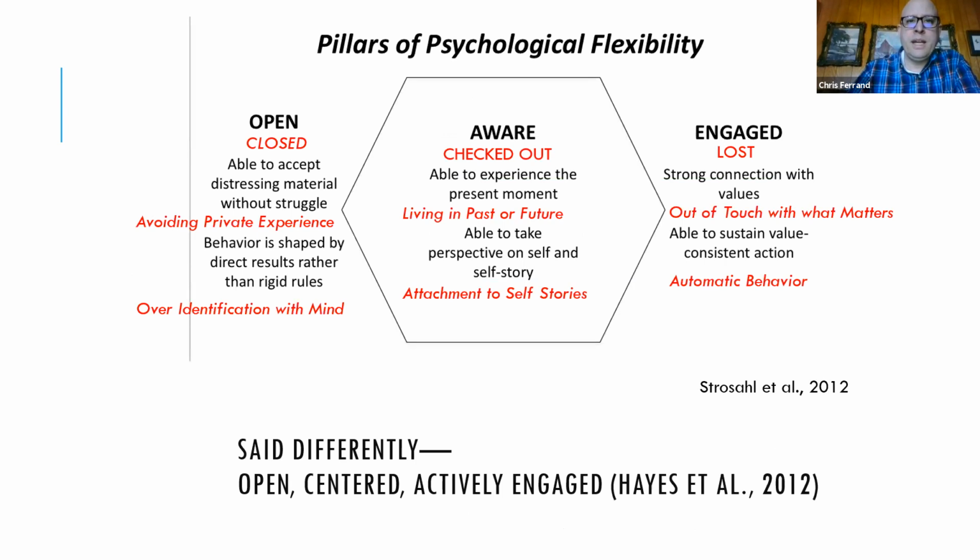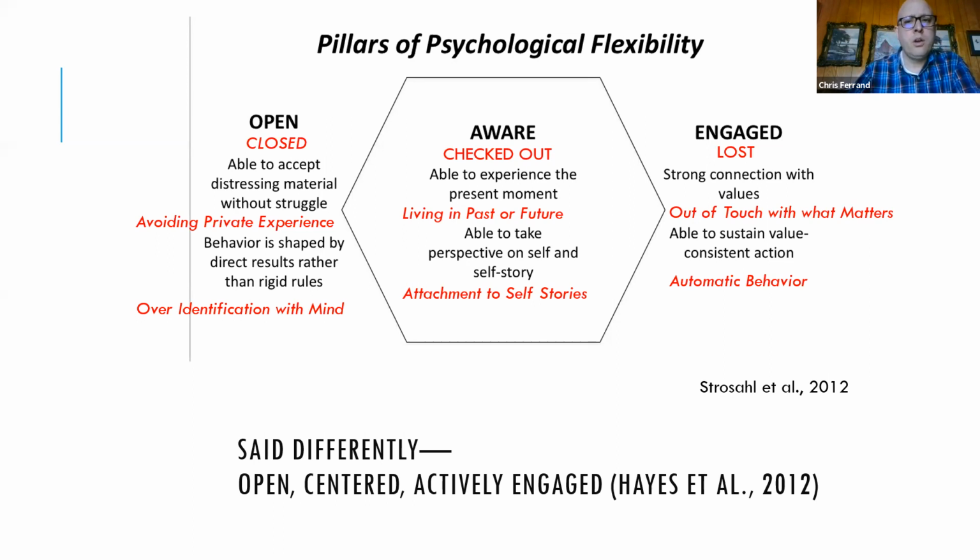So the kind of pillars of psychological flexibility. Earlier on, I mentioned 6 processes that are really 3 that are really 1, which is psychological flexibility, but it's all interconnected. So open, aware, and engaged, or closed, checked out, and lost.